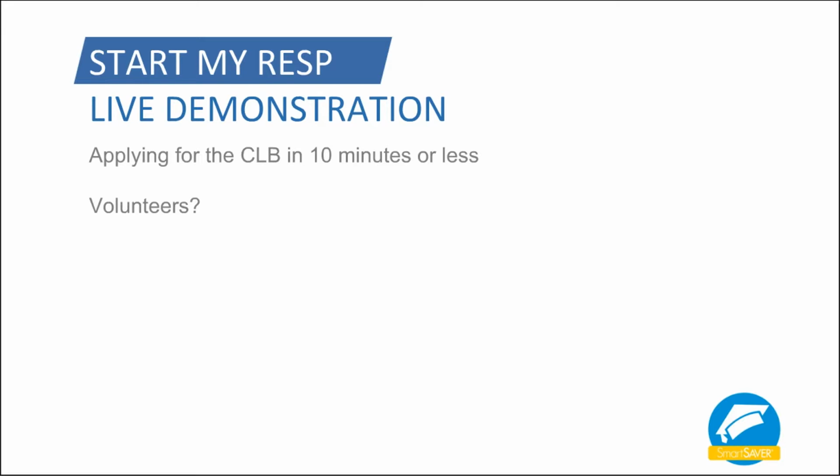Well, the way that the eligibility of the CLB works is, when an individual opens an RESP and applies for the Canada Learning Bond, the application is referred to the Canada Revenue Agency, and a review of the family income is done through the taxes. And so, at that time, the CRA is the one that determines the income eligibility.